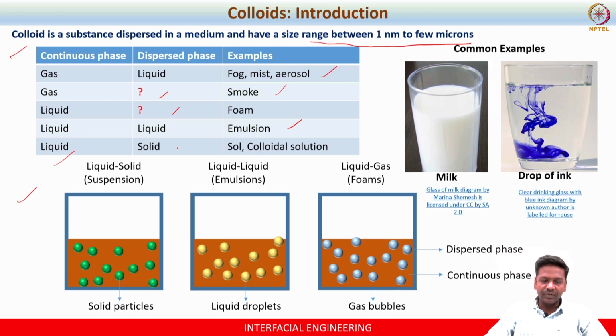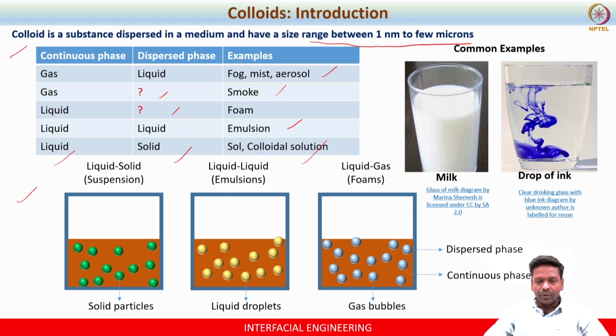In such a case you can still put this system under the liquid solid interface systems. This one is a good example of a colloidal solution, where you have a continuous phase which is a medium, and the dispersed phase is a solid, which is nothing but the colloidal particle. So a good example is the dispersion or colloidal solution.